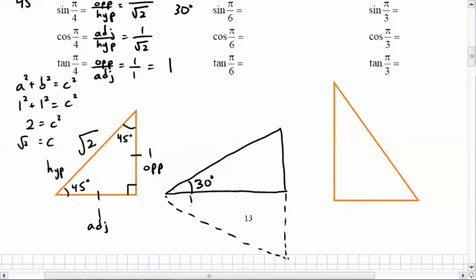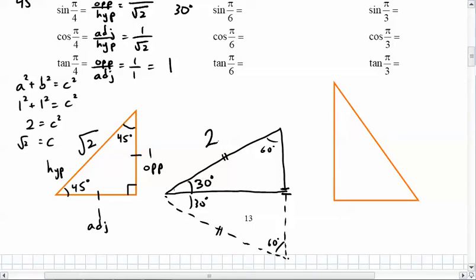That is also 30, so that the total angle is 60, 60, 60. And then I have an equilateral triangle where all the 3 sides are the same. This side, and this side are all the same. So I can pick my favorite number for that side. And I'm going to call that side 2.